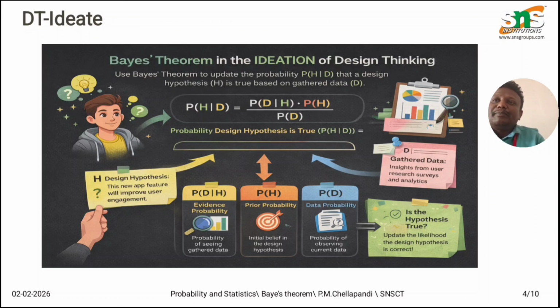P of H is the prior probability, our initial belief. P of D given H is the likelihood. This tells us how likely D is to happen if H is true, right? And P of D is the total probability of D. So in simple words, posterior equals likelihood times prior divided by evidence, right?